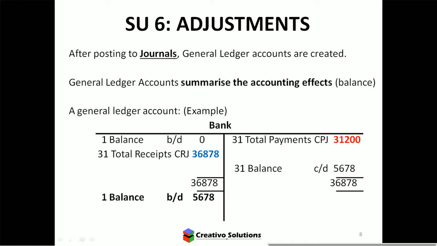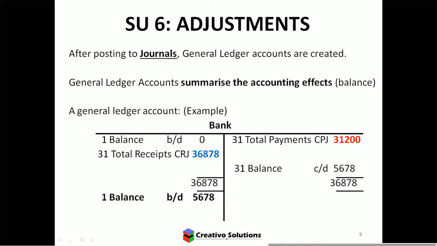We wanted financial statements. Are those statements going to be prepared at the beginning, during, or at the end of the year? At the end of the year. So most adjustments are done at the end of the year. You can process adjustments or corrections during the year, but that will depend on what you're actually recording or capturing in the books of the business.